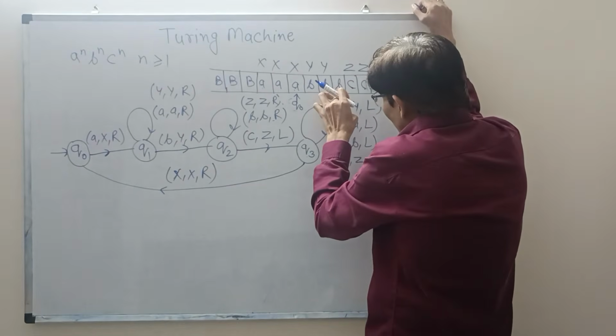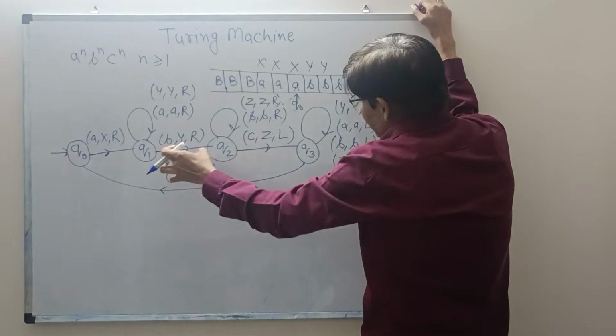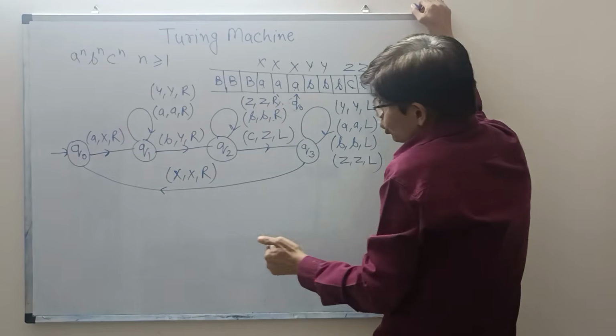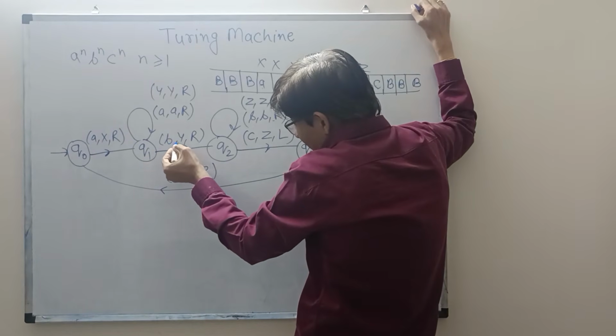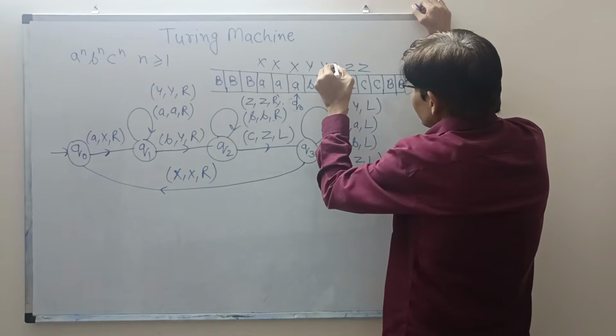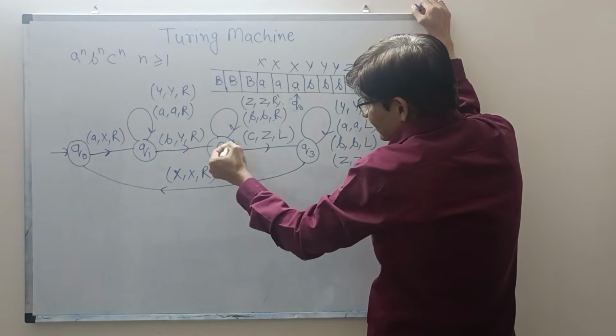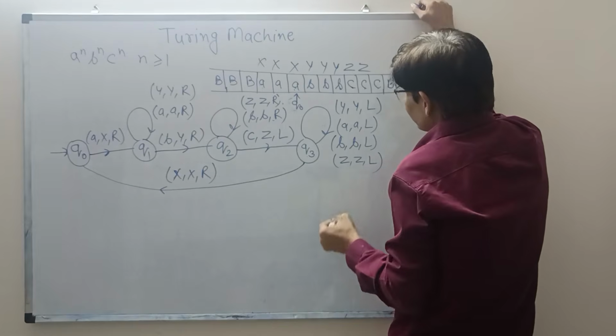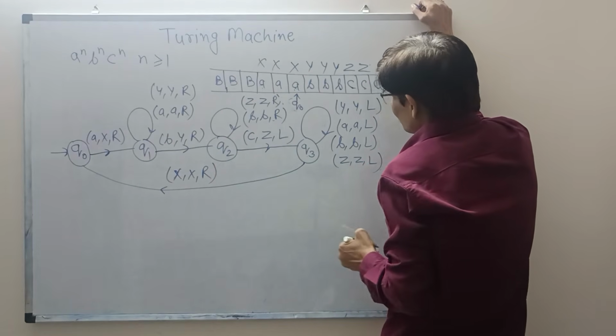And then on Q1 you will get this B. Now this B will be converted into Y, you will continue moving towards right, and you will change your state to Q2.